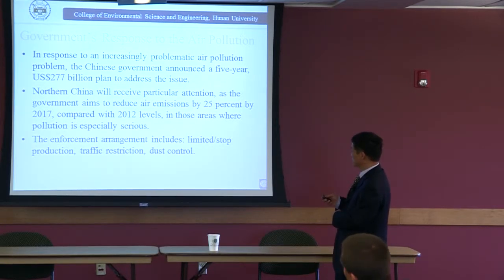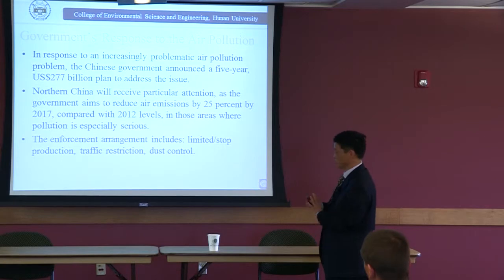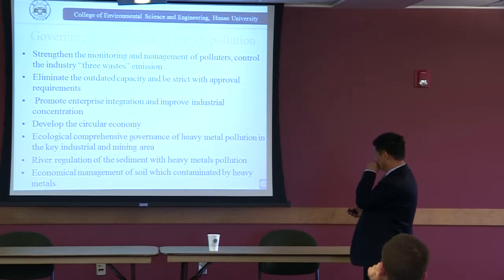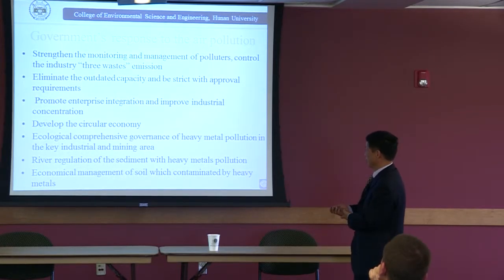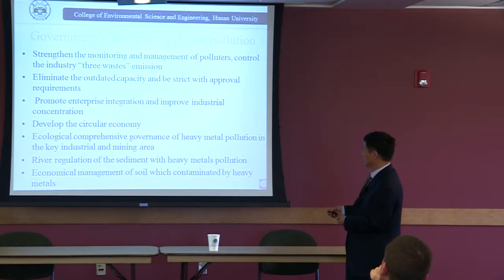In response to an increasingly problematic air pollution problem, the Chinese government announced a 5-year, around $277 billion plan to address this issue. A lot of measures the government has already taken to try to solve this kind of problem, but I think it takes time, maybe within the next 10 years.